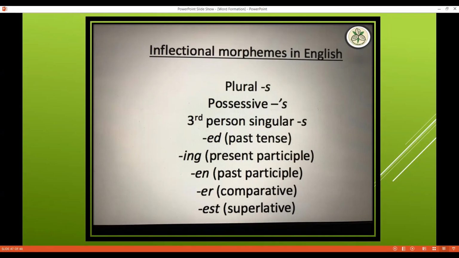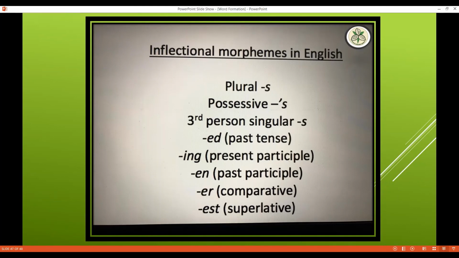We have the comparative er, which is used from cold to colder. It's not the same as the adjunctive er, like turning teach into teacher, because that changes the lexical category from one to another.